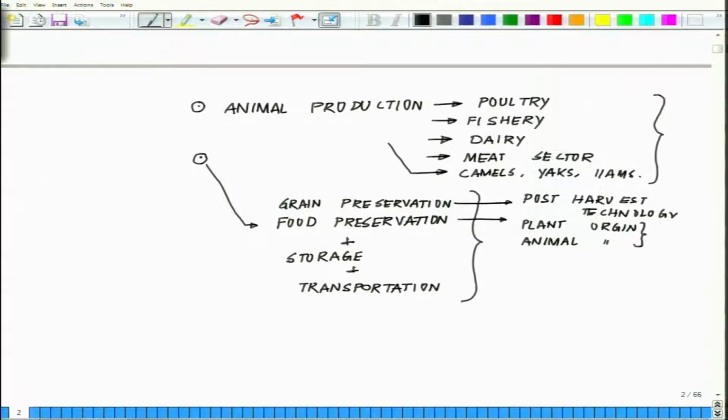Okay. And then comes one of the most challenging areas, storage and transportation.